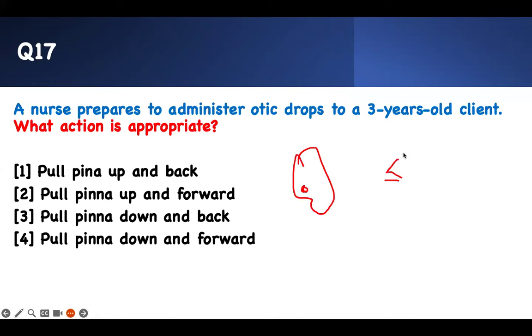For an older patient, upward motion. That's all, right? As a test taking strategy, you never push the ear forward. So those are all going to be wrong. But which way do you pull the pinna, right? Downward. So we are going down and back.